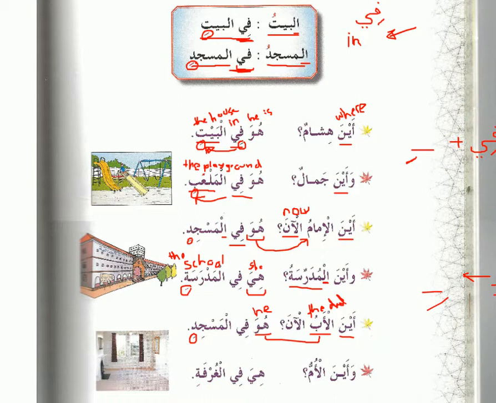So if we were going to use what, it would be what is the dad right now? So we're just asking where he is. We're asking his location. Aina al-abu, where is the dad? Yes, this lesson basically has to do with location, right? Where is he? He is in the masjid, he is in the room, he is in the school, right? Where? Yes, exactly. So we're asking a question, where is he?